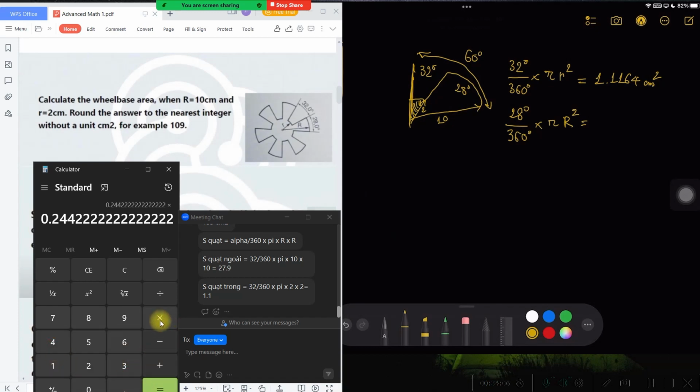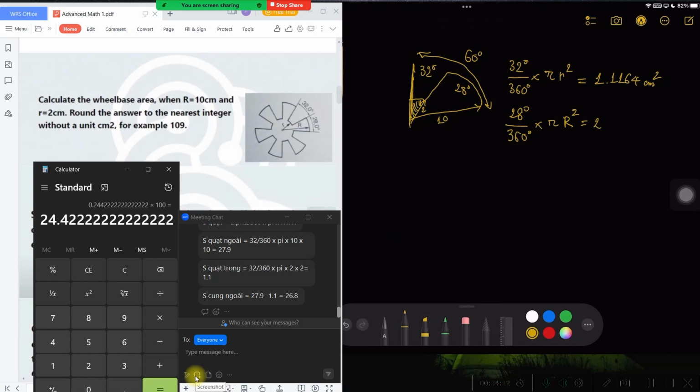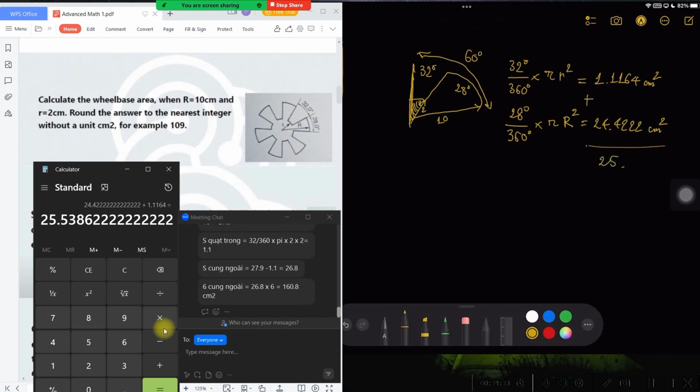And the R is how much? It's 10, right? So 100. So it should be... Why is it so big? And then you combine them together. 1.1164. And you get this one. Together, combined together, you have 25.5386.